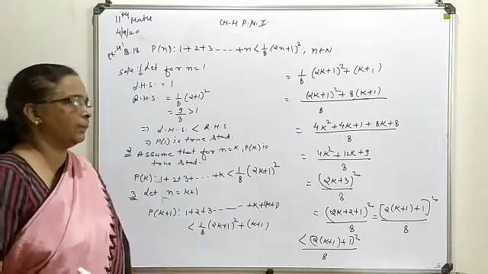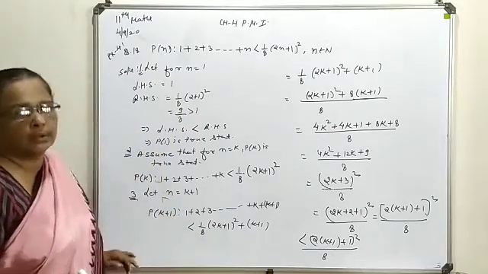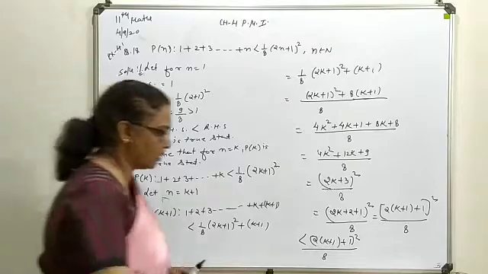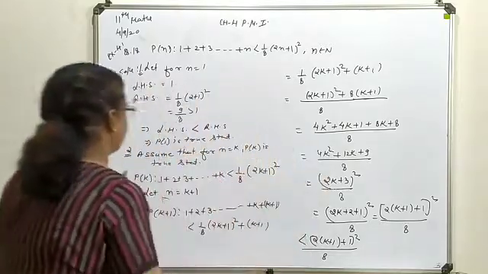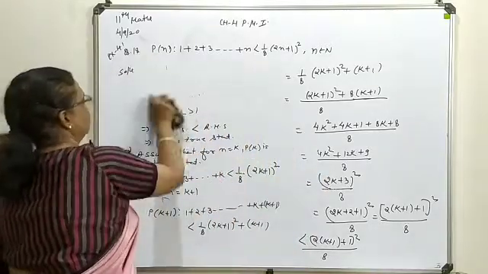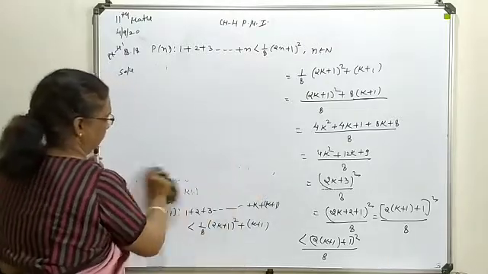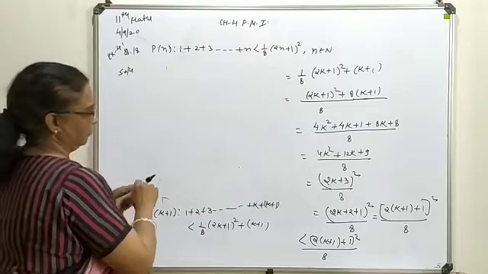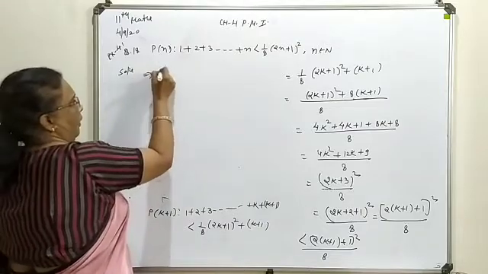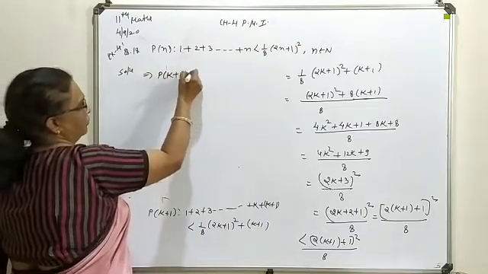So here Pk plus 1 is coming out as a true statement. So the conclusion of the step you will write down as Pk plus 1 is true.